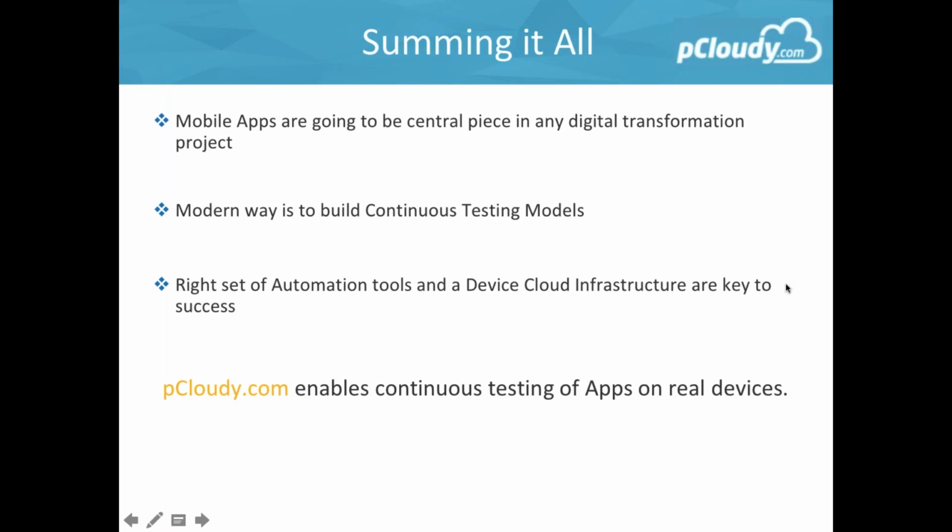So the devices have three options. One, Wi-Fi. Two, you can use real SIMs. And third one is simulated networks. So all three options are available. And with each of the options, you can track various parameters like battery, CPU, memory consumption, etc.